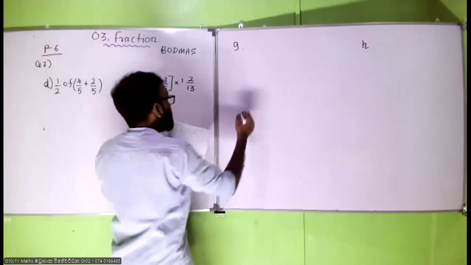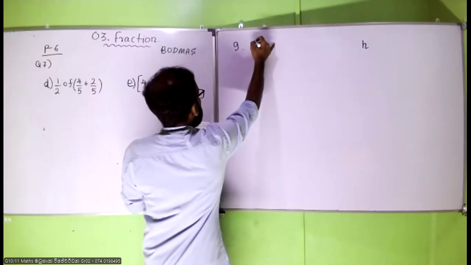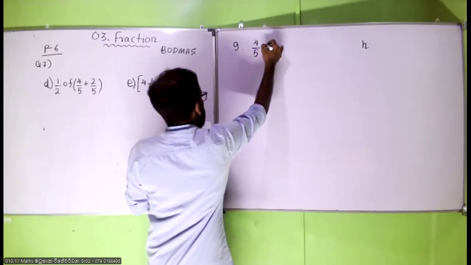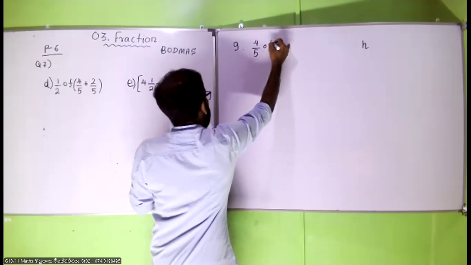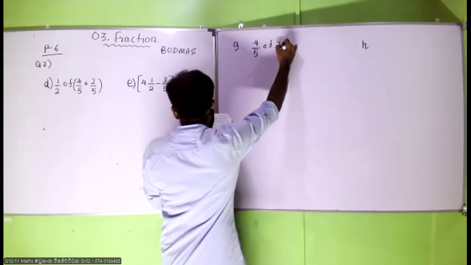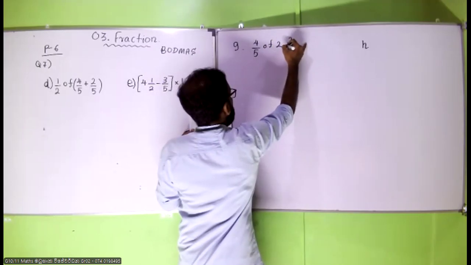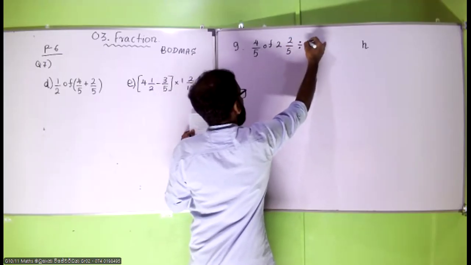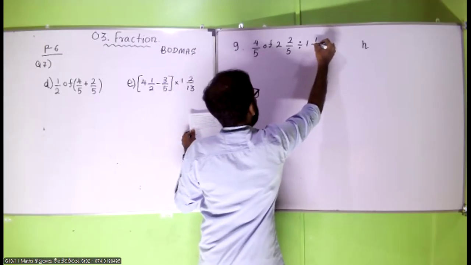Part G, 4/5 of 2 and 2/5 divide by 1 and 1 upon 2.